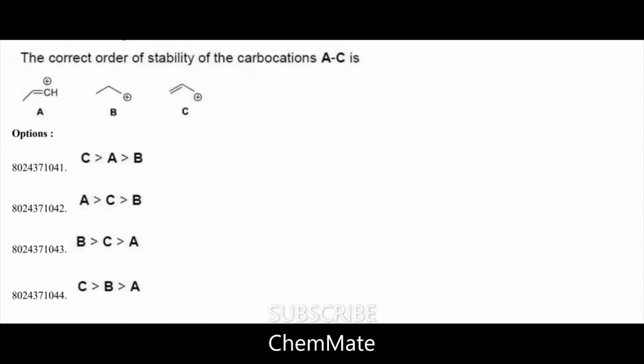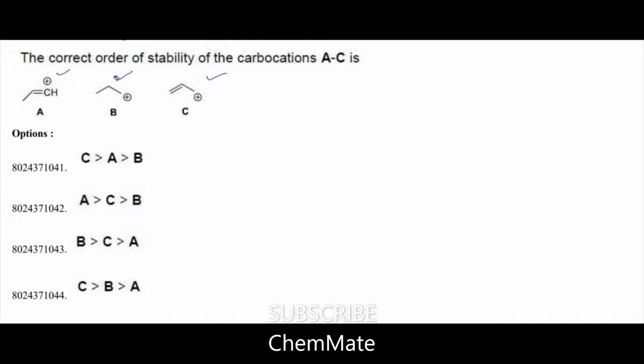So the next question: the correct order of stability of the carbocations A to C is. If we see the carbocations, this is an allylic carbocation, this is an alkyl carbocation, and this is a vinylic carbocation.